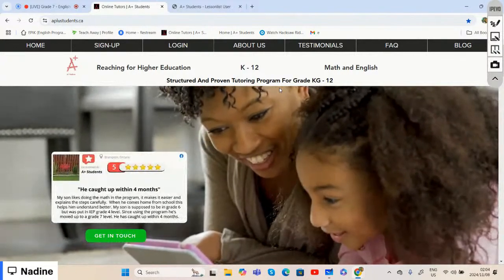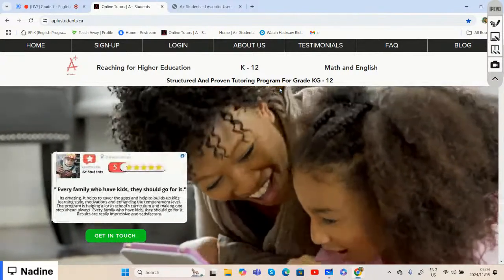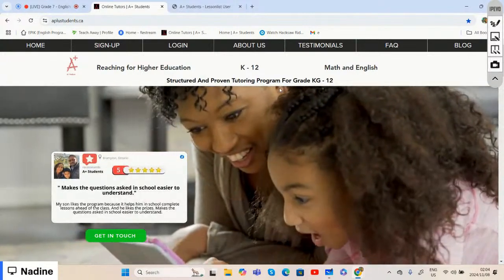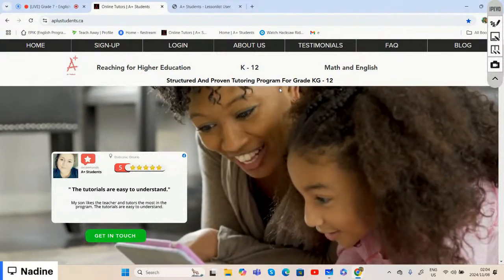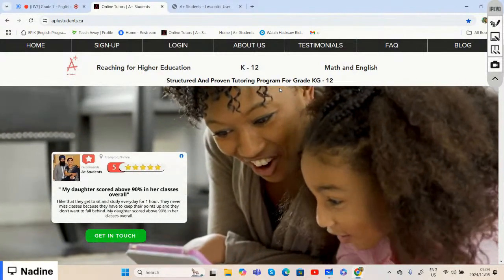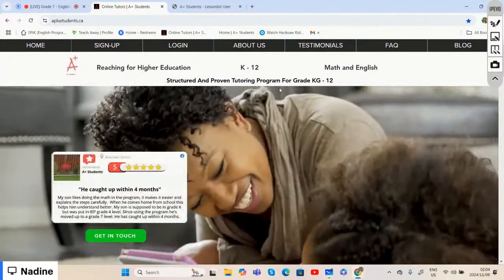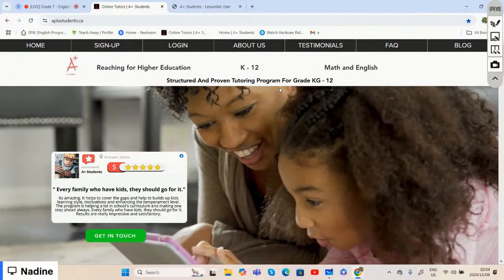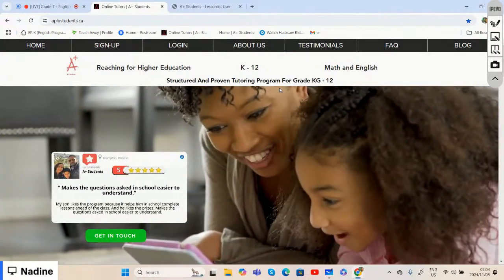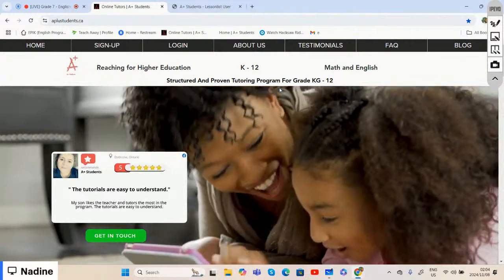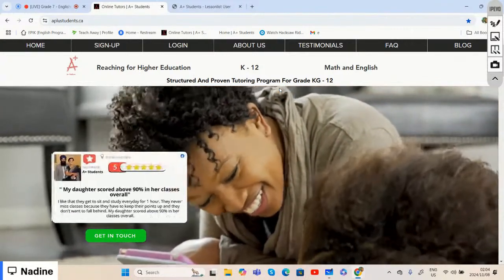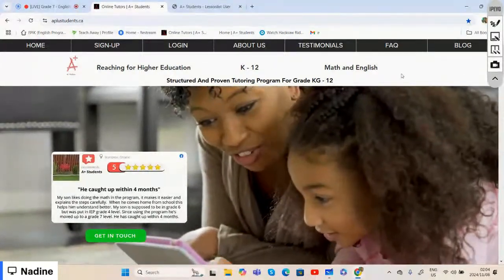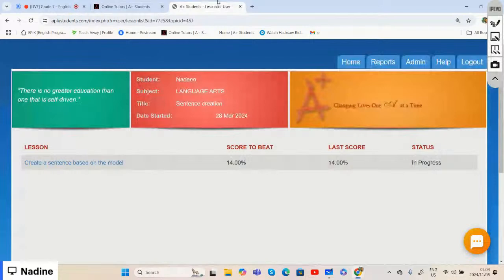Once you've logged on with your username and password, we're going to select the subject of English language arts. We're doing grade 7. Then we're going to scroll down until we get to our chapter of sentence creations.